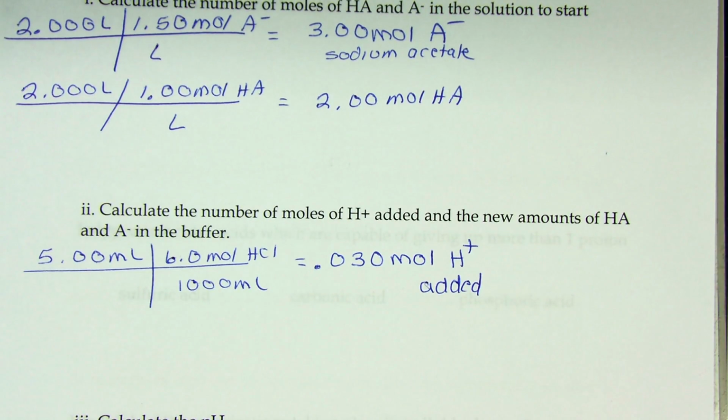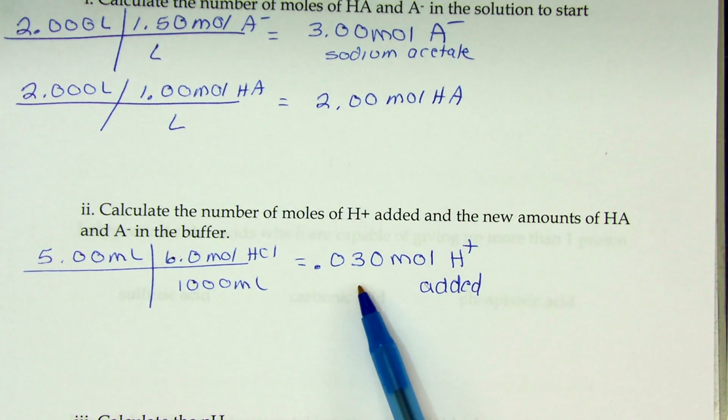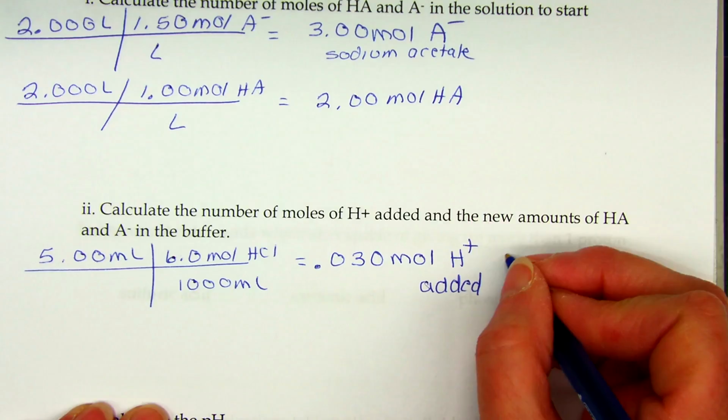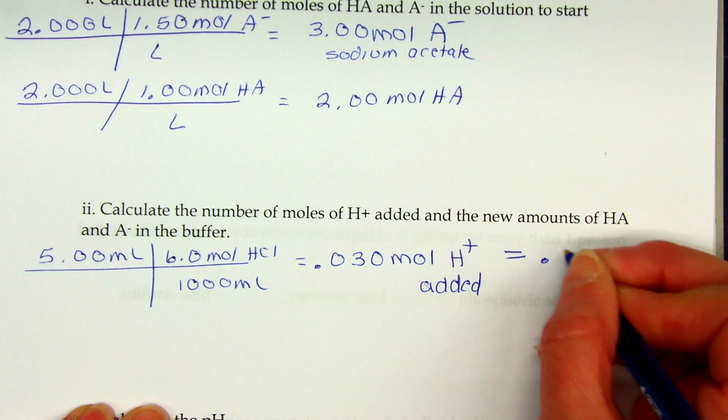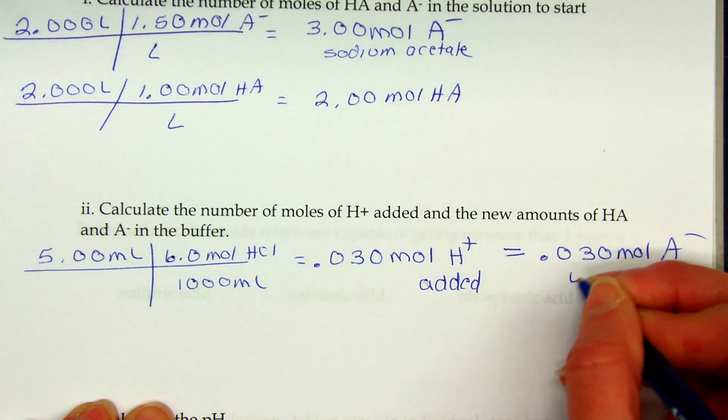Now, are you with me so far? That these are the 2 species that started off in my beaker, and this is what I'm dumping in. Now, when I dump in that loose hydrogen ion, what is it going to do? It's going to react immediately with the A- and use it up. So that moles of hydrogen ion added is equal to 0.030 moles of A- used up.